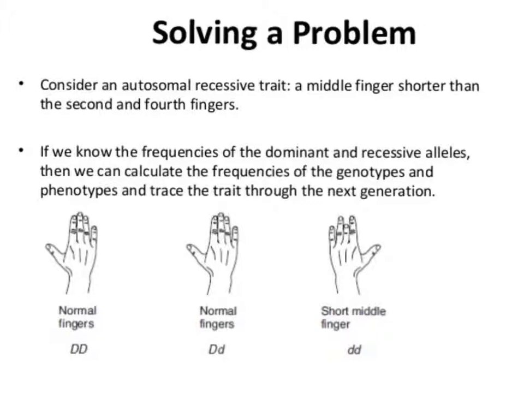So if we consider an autosomal recessive trait where a middle finger is shorter than the second and fourth fingers, if we know the frequency of the dominant and the recessive alleles, then we can calculate the frequency of the genotypes and phenotypes and trace the trait through the next generation.